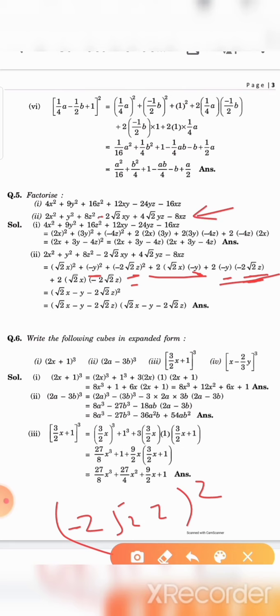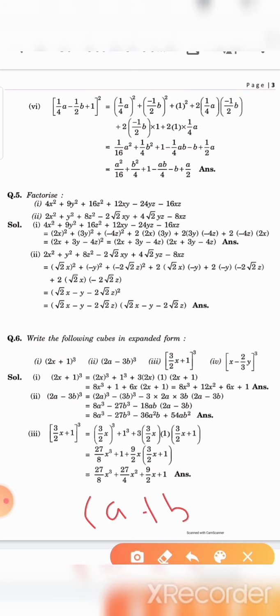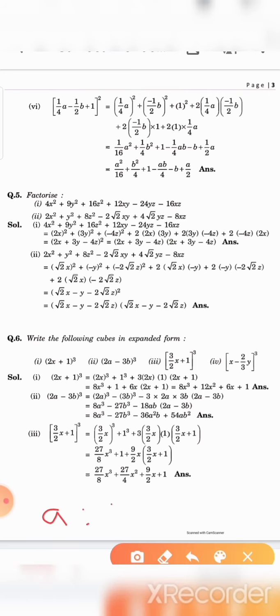So the factor of our identity number 5 is a plus b plus c whole square. Comparing the terms, we get the value of a is equal to root 2x, b is equal to minus y, and c is equal to minus 2 root 2 z.